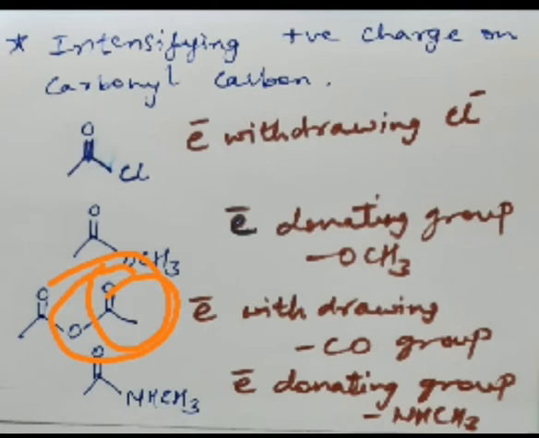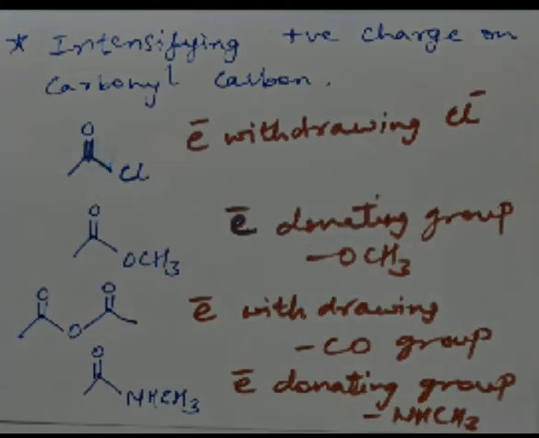Next is about NHCH3, that is amides. In the amides case, it is NHCH3, an electron donating group. So again the carbonyl carbon positive charge will decrease, because of which reactivity decreases, right?